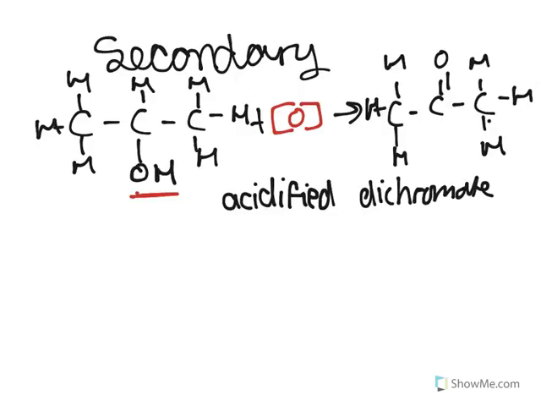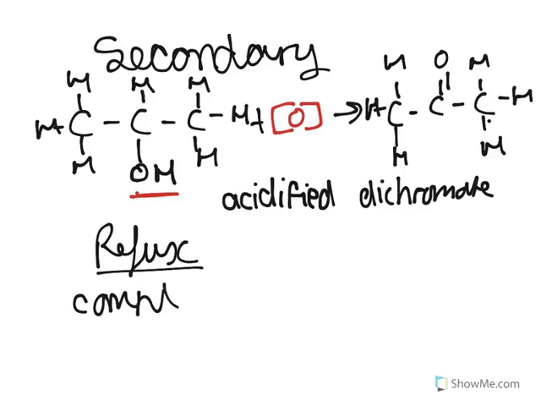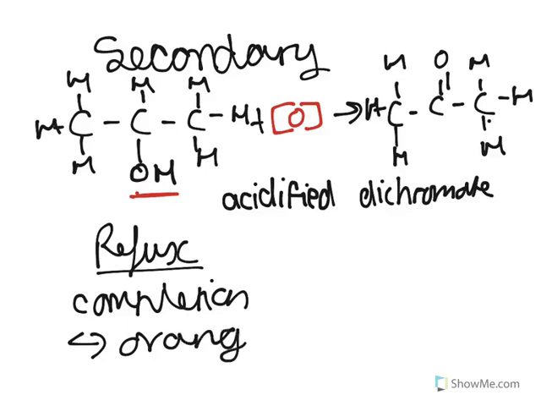So you use acidified dichromate, you heat it under reflux to make sure that it has gone to completion, and it will go from orange to green.